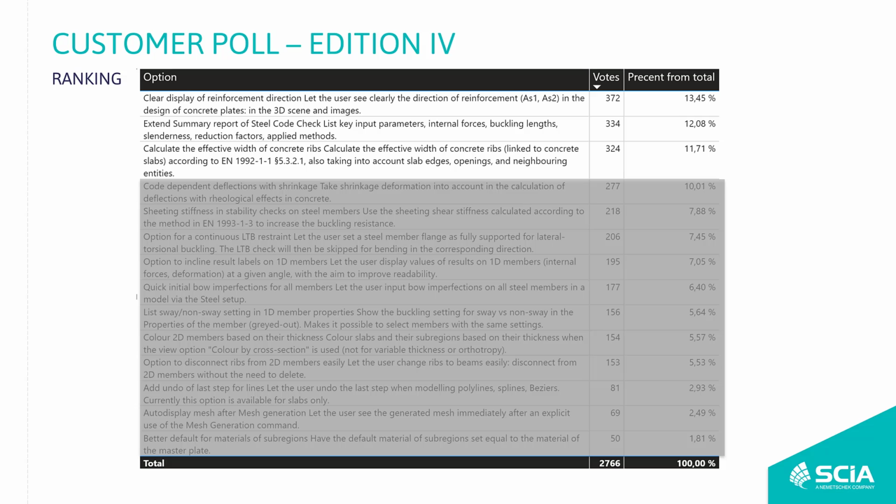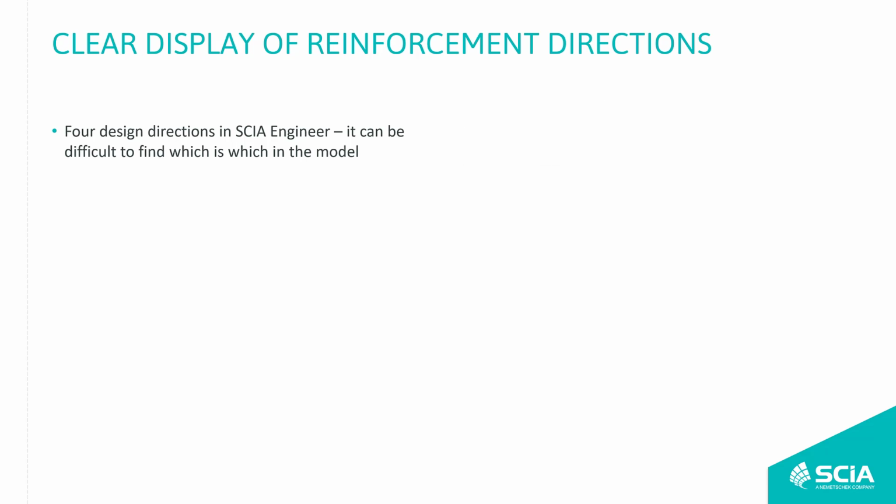The second one, with 12%, is about an extended summary report, and the last one which we committed to develop has also almost 12% of the total votes. So let's briefly go through the first 3 topics.